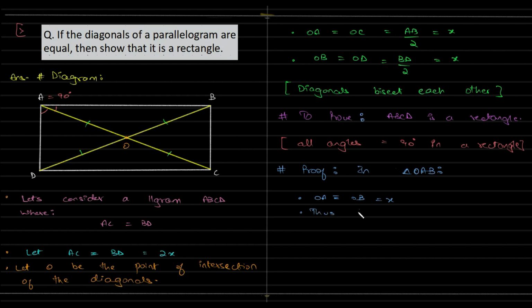Thus, angle OAB will be equal to angle OBA, and let's call it some variable E. So these two are E. Why? Because angles opposite to equal sides are themselves equal.